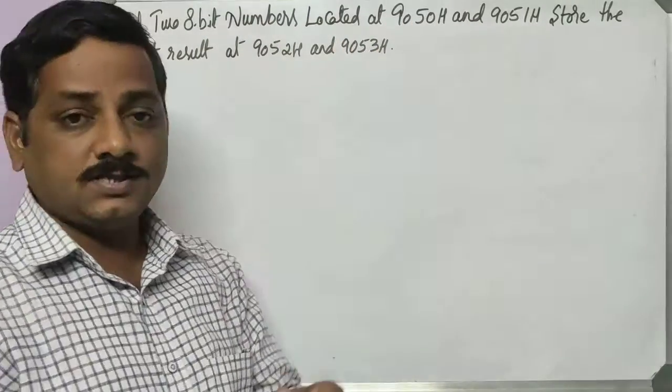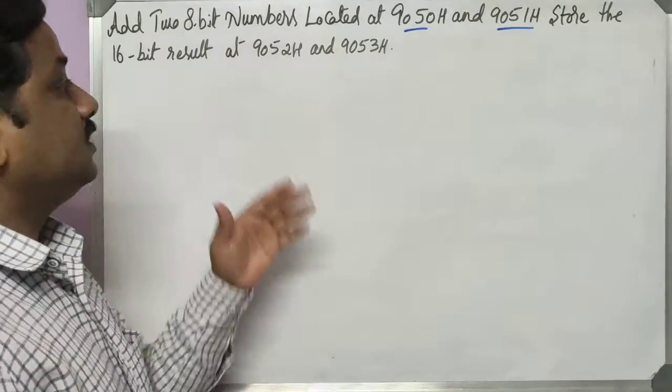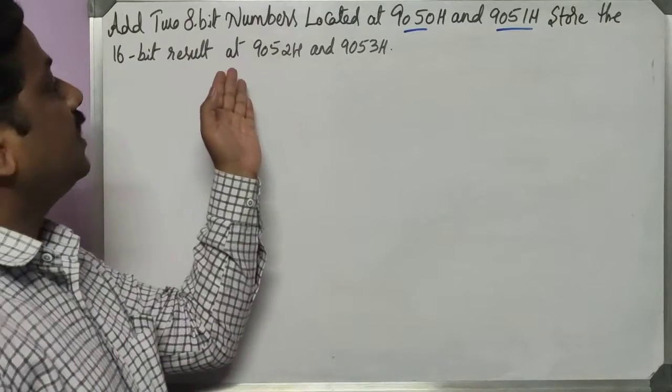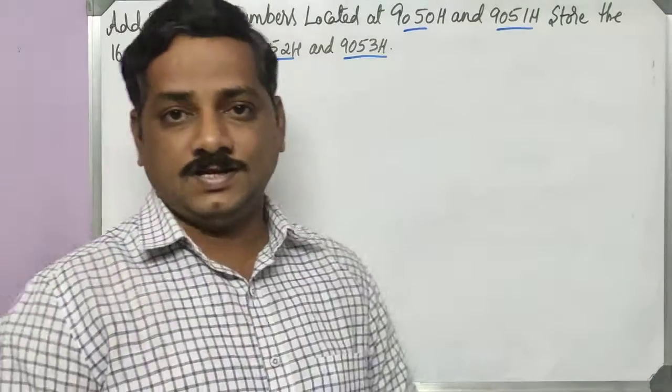Today we shall take up a new question on microcontroller programming. Let's see the question now. Add two 8-bit numbers located at 9050H and 9051H and store the 16-bit result at 9052H and 9053H.